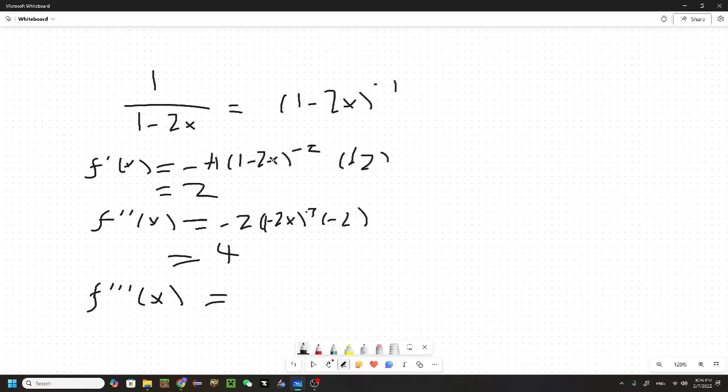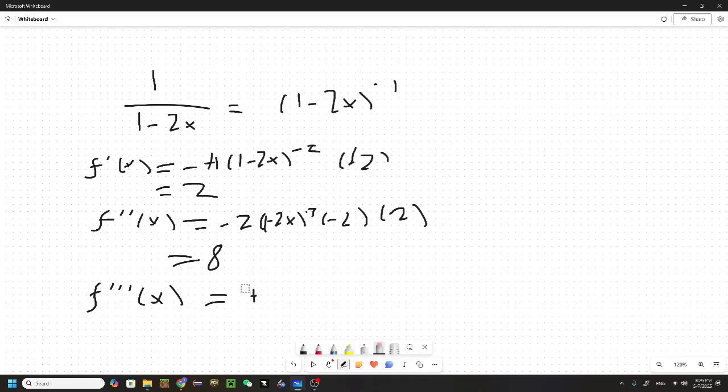And f triple prime of x would give us, so we have 2 here and 4 here, so 4 times... oh shoot, it's supposed to be 8, hold on. Because there's another 2 coming in, so this is actually three 2's. The other one is just a normal 2, it's not a negative 2, so this one will be 8.